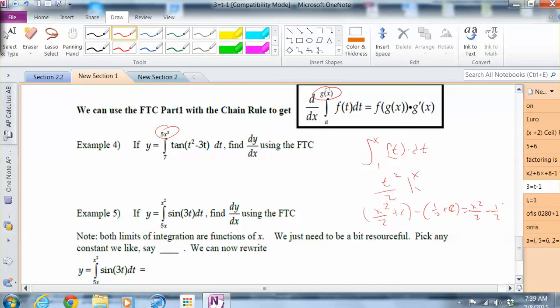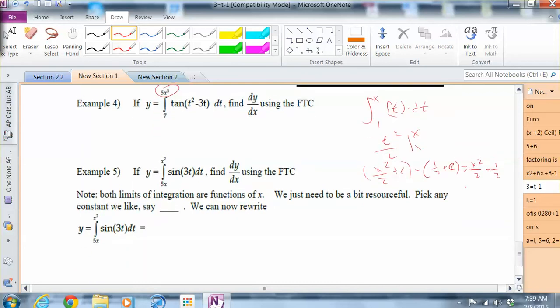Now if you were to integrate that with respect to x, what's going to happen is that you wind up just getting x.